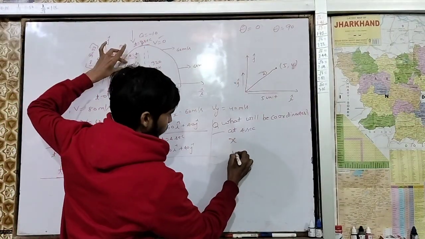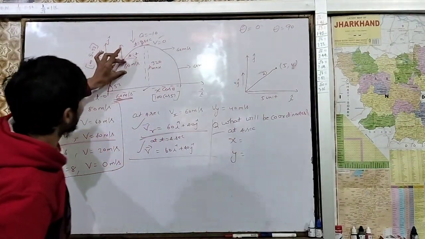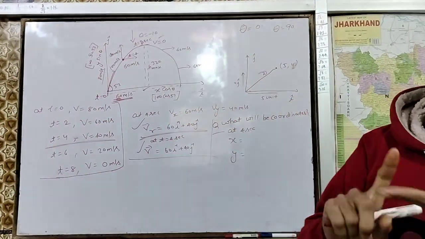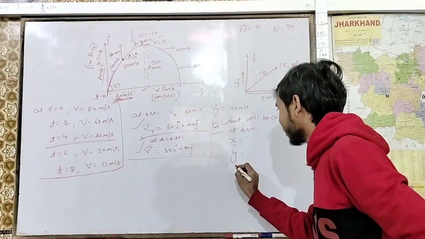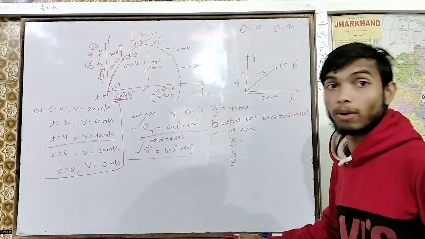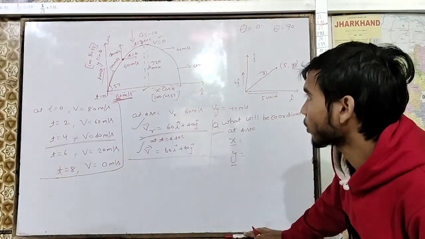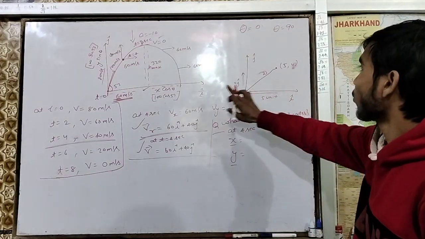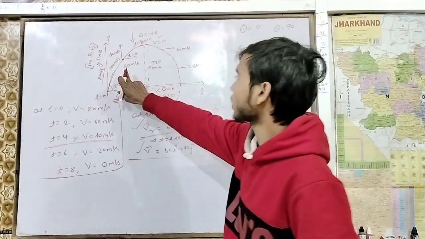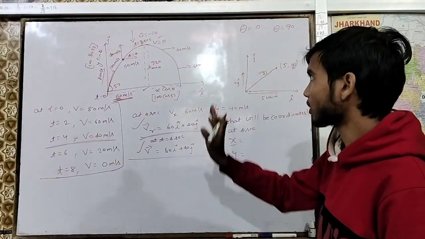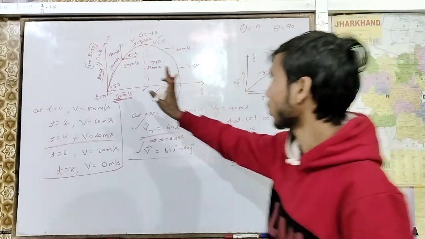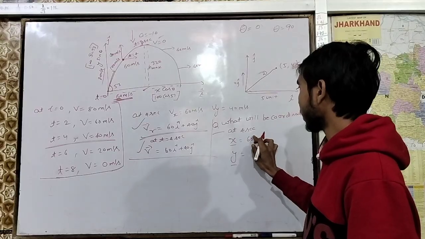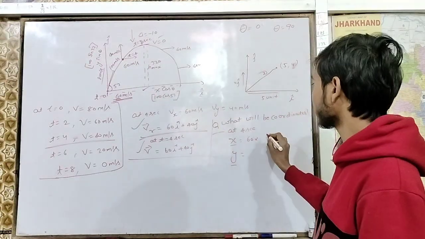First x, then y. Here we are finding the location of x, location of y. For this we do a simple thing: what is the velocity along the x axis, 60, and multiply this by time, which is 4.